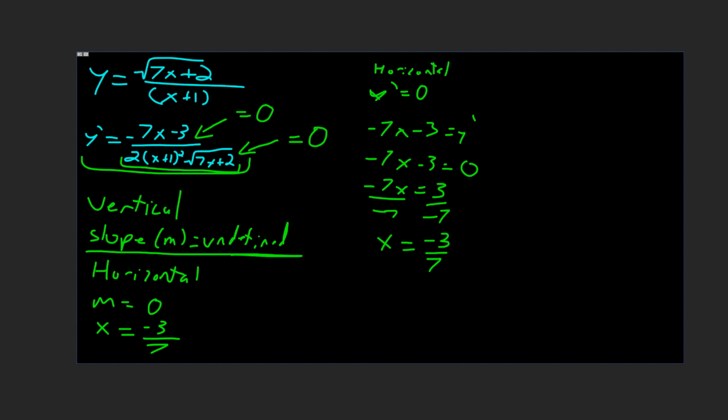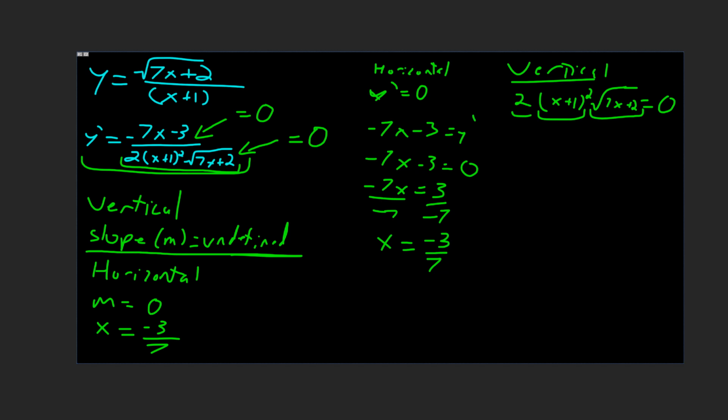And for the vertical, we're just trying to find out when 2x plus 1 squared times 7x plus 2 is equal to 0. And luckily, since we're trying to find the product of something, we just have to worry about this number in here because we're multiplying it by the whole equation.